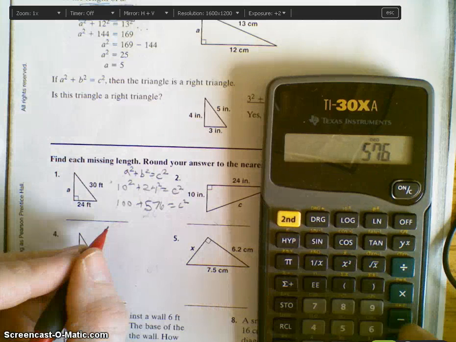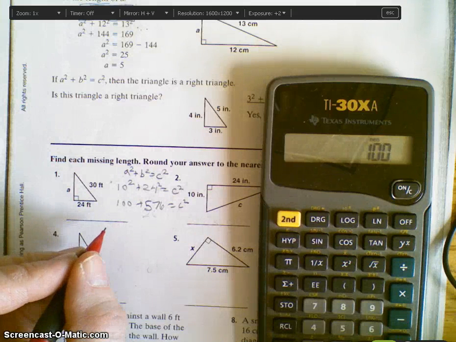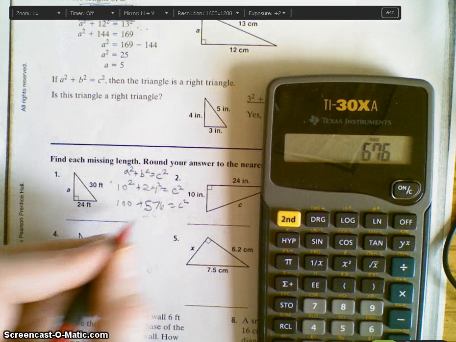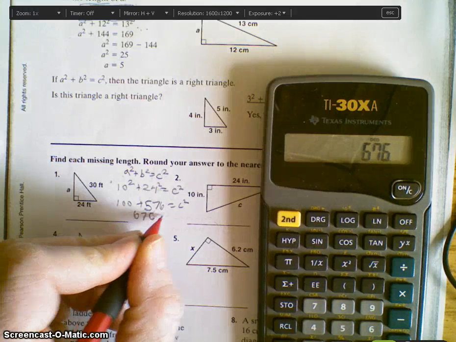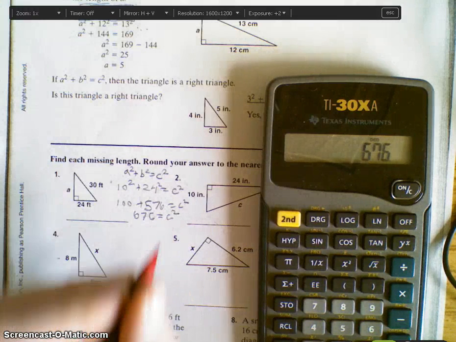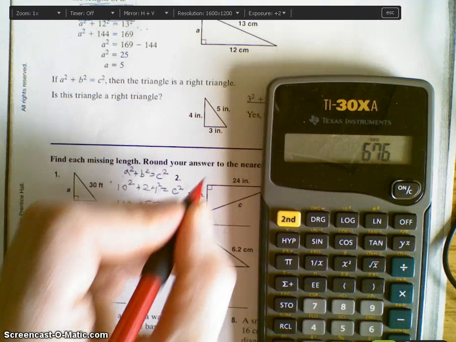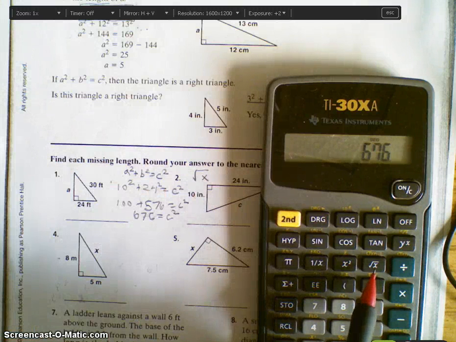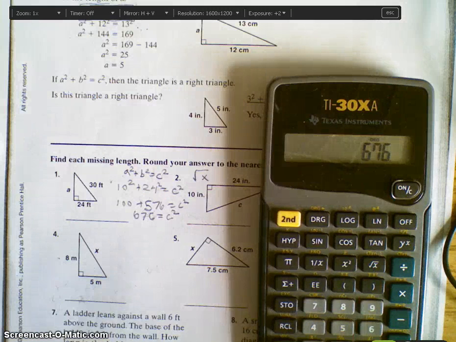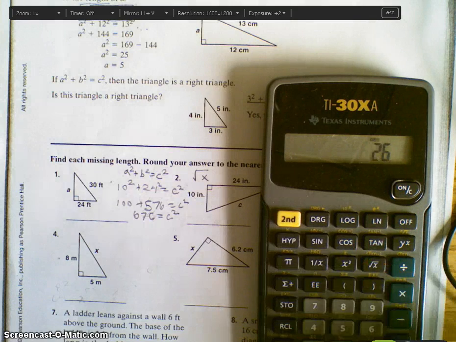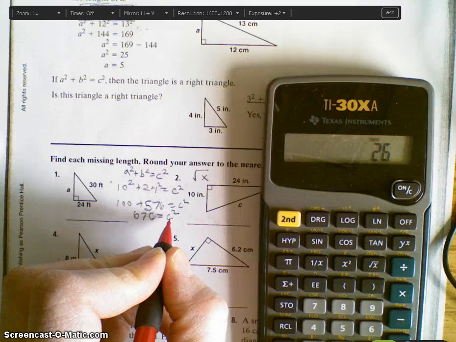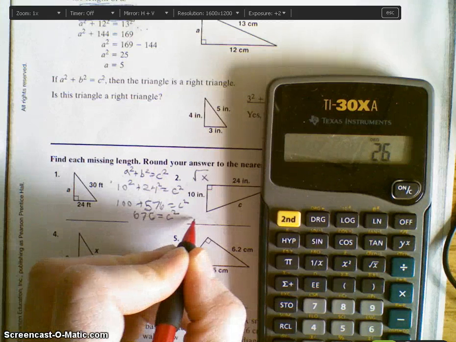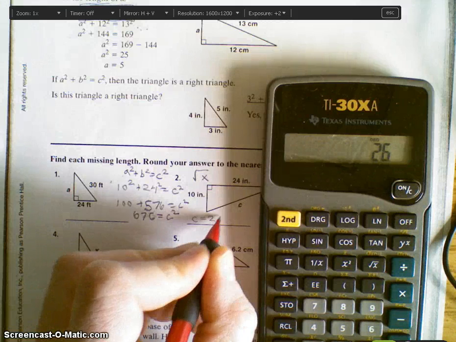So that plus 100, 676 is equal to c squared. So really importantly, you need to now use this button right here. So it's right there on the calculator. And you hit that square root button, and then it gives you the square root of c squared, which is then going to just be c. So c is equal to 26 inches.